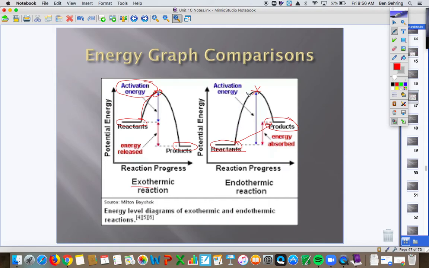My reactant bonds still have to be broken, and this gap here is the excess amount of energy that I need. That's my activation energy, and then I can end up with this much energy in my products. So I still had to absorb some. In this case, you will feel the system or the surroundings get cold because the system is absorbing that energy. Okay, but those are endothermic and exothermic reactions.